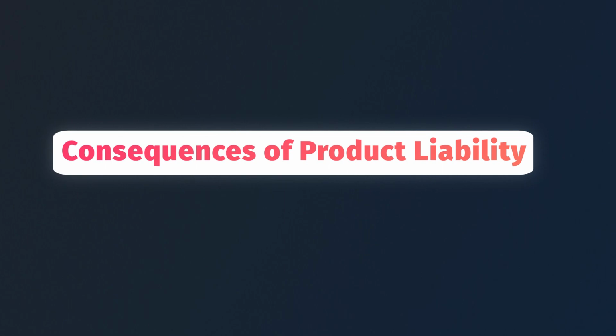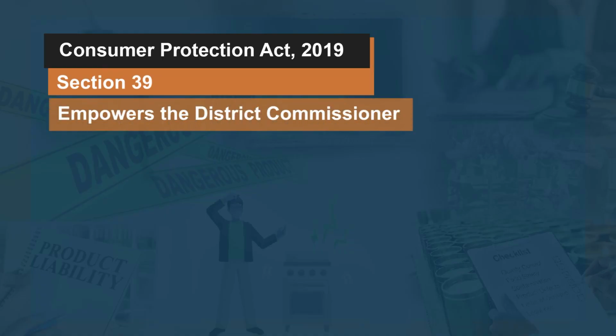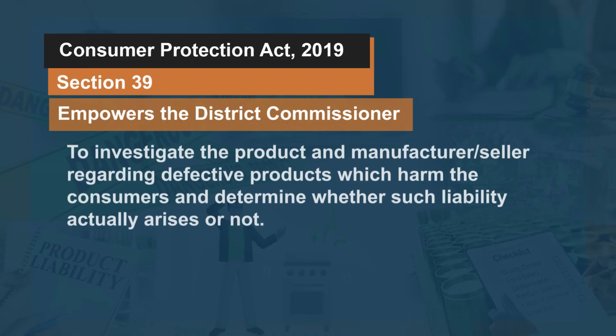Coming to the consequences of product liability, the 2019 Act empowers the District Commissioner under Section 39 to investigate the product and manufacturer or seller regarding the defective products which harm the consumers, and determine whether such liability actually arises or not.